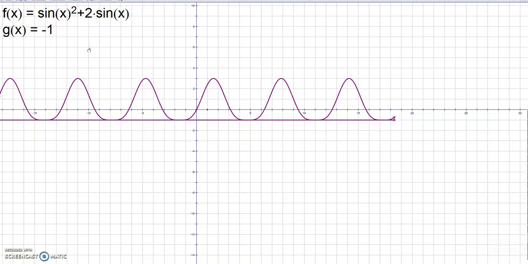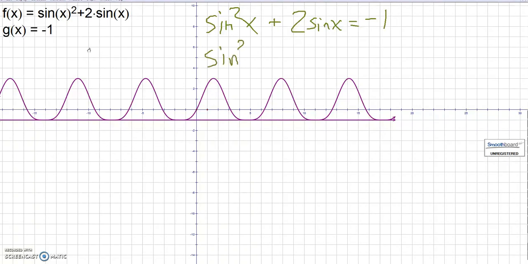I want to actually write this out and say, where would sine of x squared plus 2 times sine of x equal negative 1? And we're going to do the same thing we did previously. I'm going to make one side equal 0.